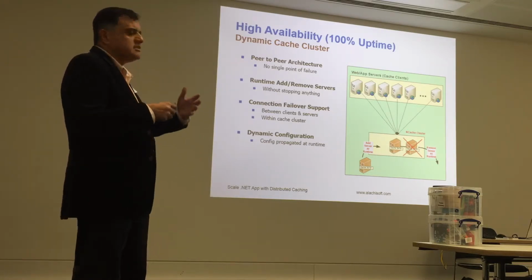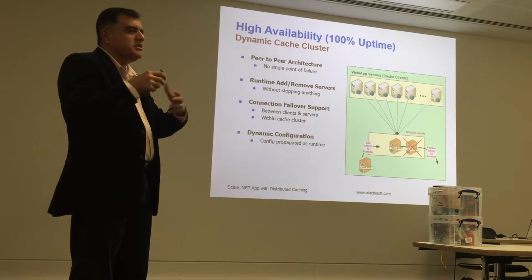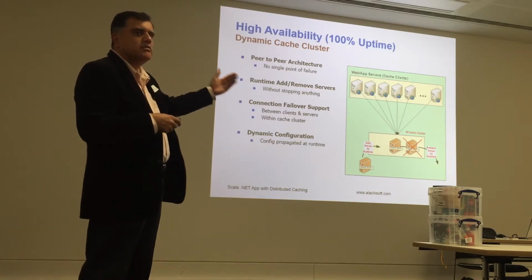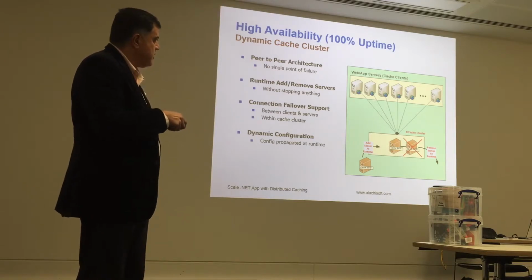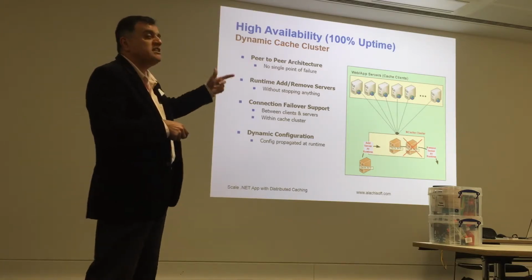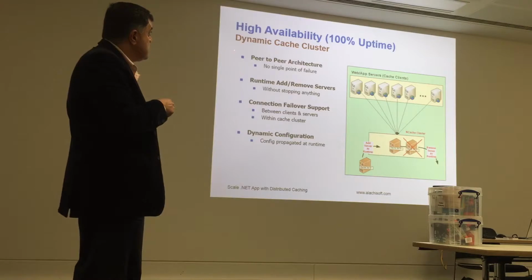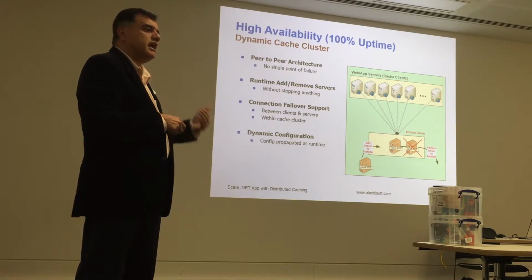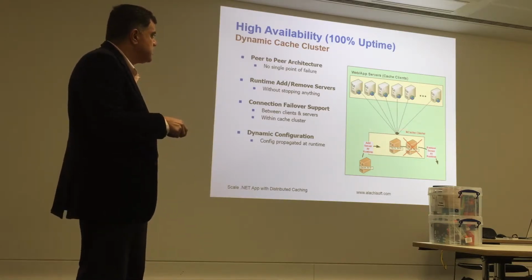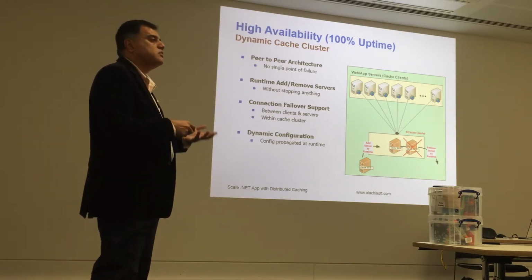So that's where some of the people have developed options on the server end, where they have provided some replacement of that. But a good distributed cache must provide a clustering capability on the cache server side. If the cache that you're using does not build a cluster of servers, you're going to have issues with high availability.